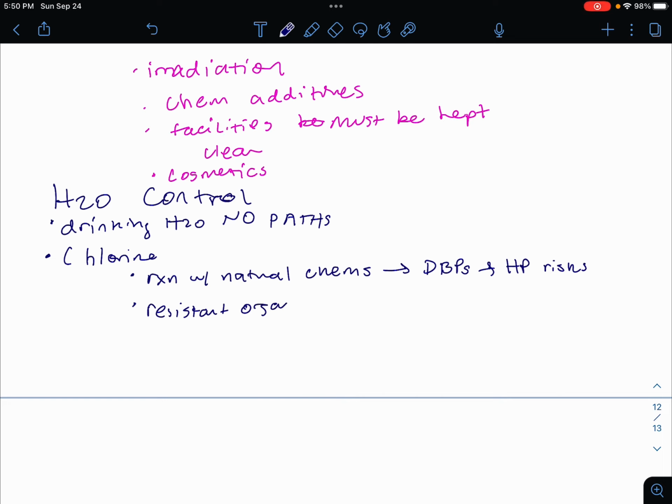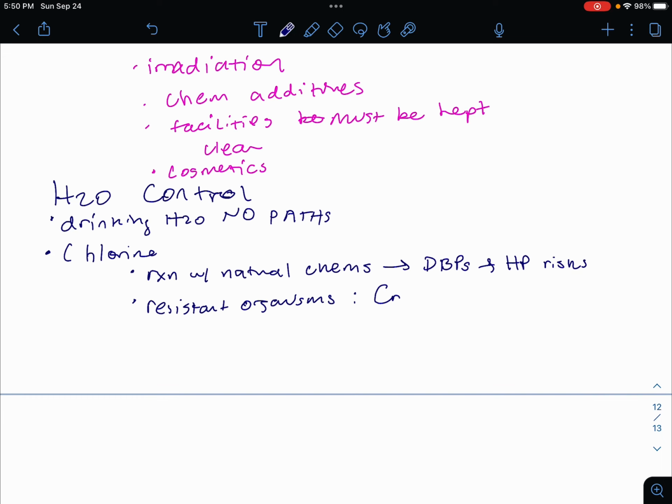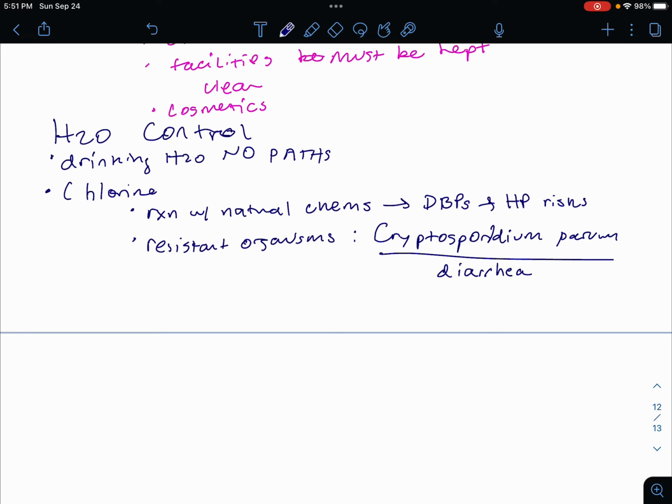Another thing we need to look at are some resistant organisms, such as this one. I'm not going to pronounce it because I'm just going to fumble it, but Cryptosporidium parvum, I think. And this is the organism that causes diarrhea, so we, of course, want to prevent that as much as possible. We need to look at other treatment methods, because if it's resistant to chlorine, that's a big problem.